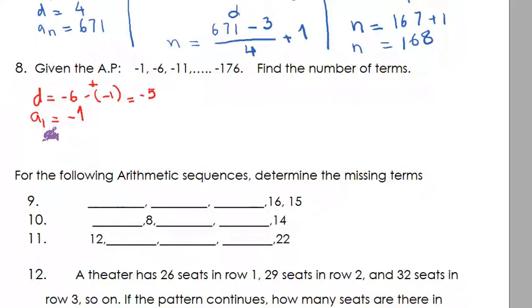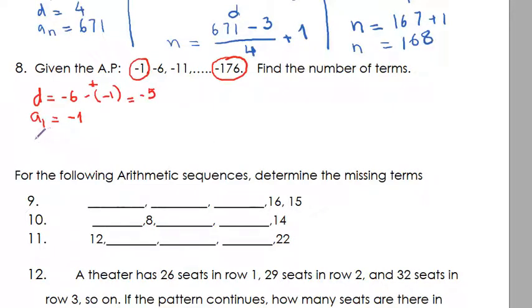What else do you know that is important to solve this problem? We know this one is the first term, and we know our last term. What is the last term here?